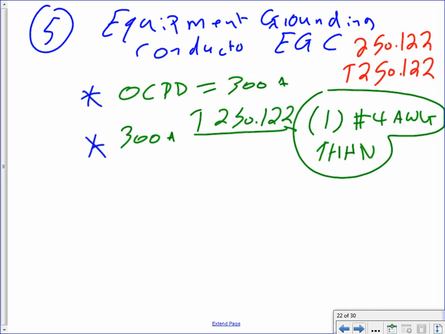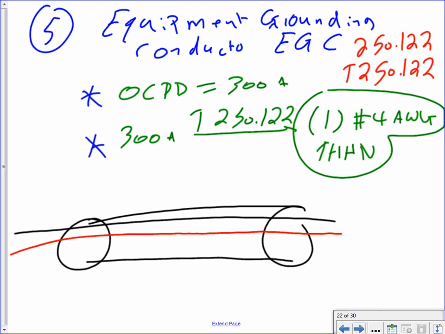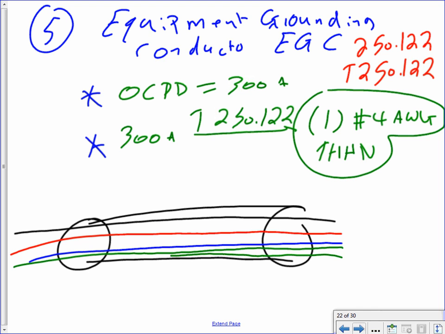So going back, let me just draw the conduit one more time here because I like to draw. Here's my conductor phase A, here's my phase B, here's my phase C, and here's my neutral, and here's my ground.